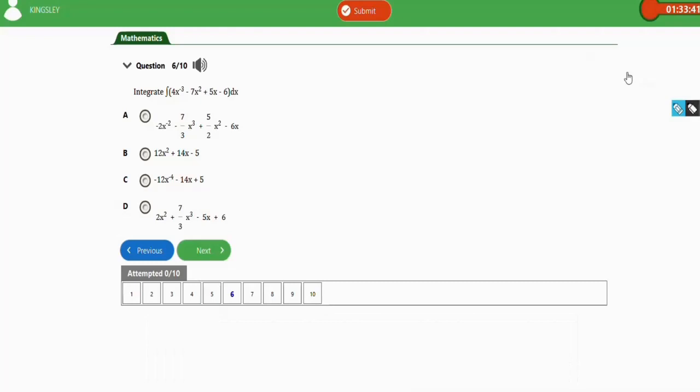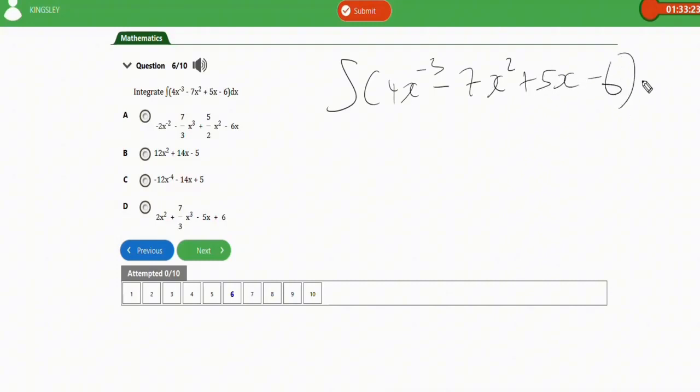Okay, so this one is not definite, it does not have upper and lower limits. So to integrate, we have to integrate, in brackets, 4x^-3 minus 7x^2 plus 5x minus 6, dx. Now when you integrate 4x^-3, we are going to have 4x^(-3+1) over (-3+1).